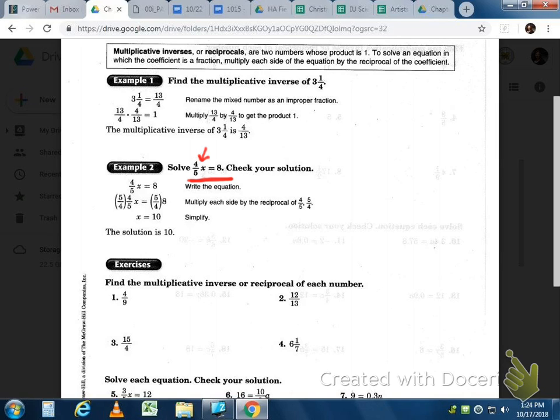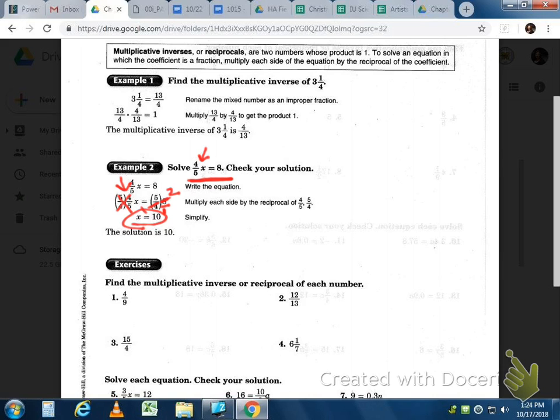Don't we multiply by the reciprocal? So in this case, if you multiply by 5/4, that makes this all fall away and you just have x. And then of course you have to multiply by 5/4 on the right and you'll get whatever it turns out to be. In this case, the 8 is over 1 and the 4 and the 8 cancel for 1 and 2. 5 times 2 is 10, and it's 10 over 1, but it reduces to just plain old 10.